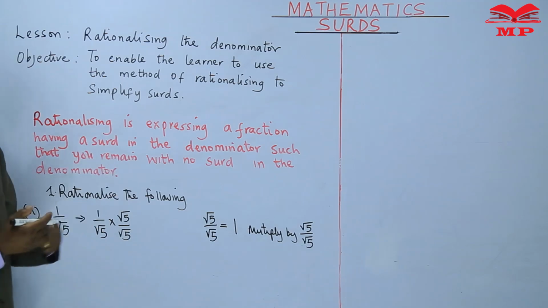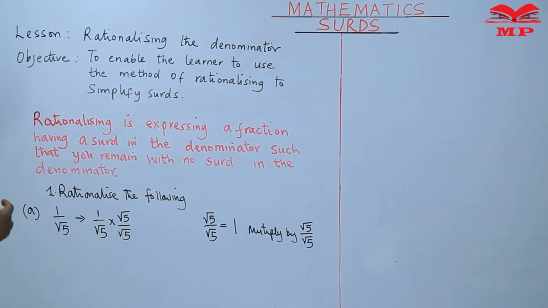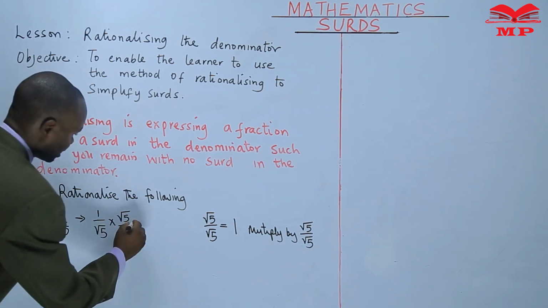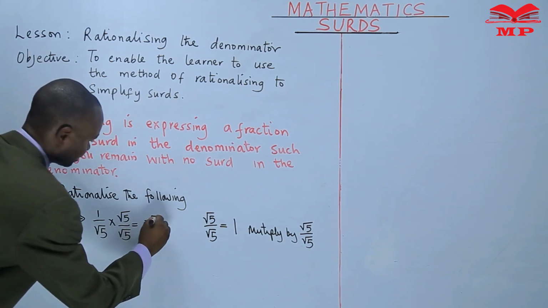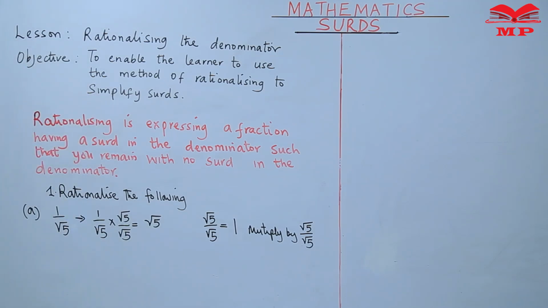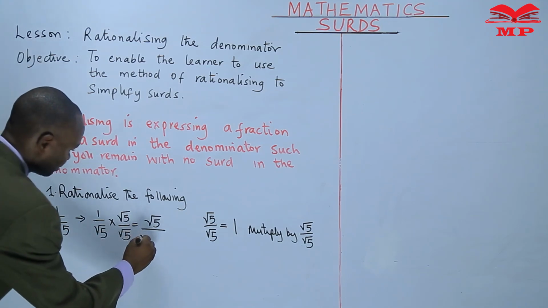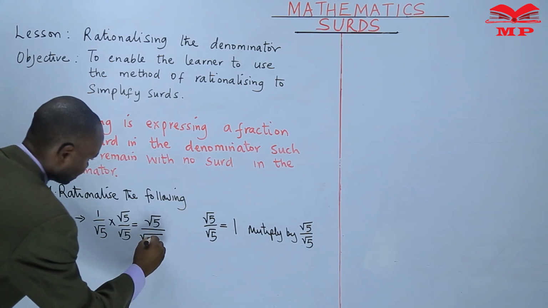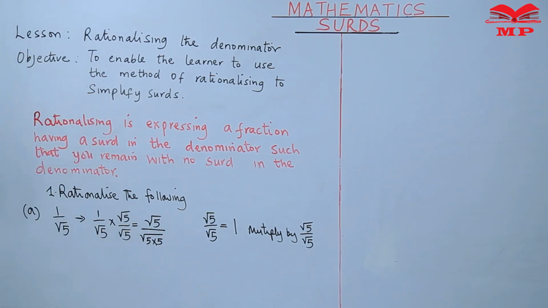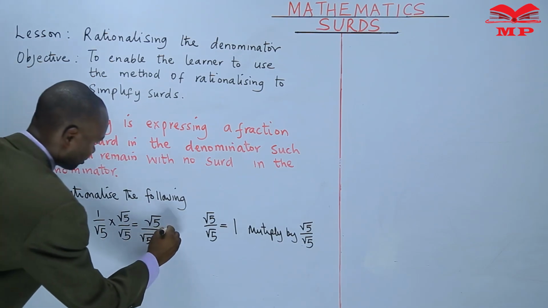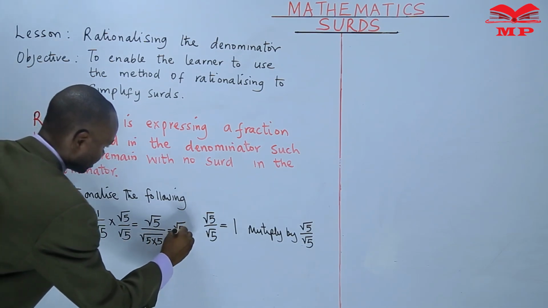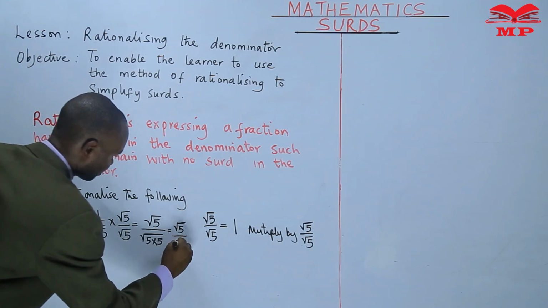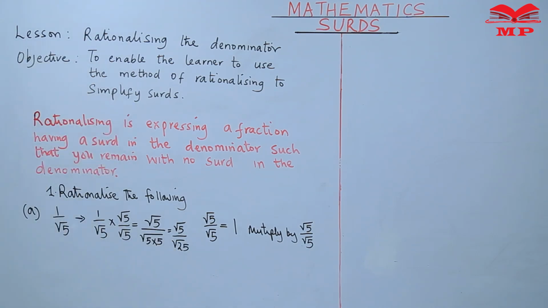That's why they use this method, to make the denominator not have a surd. So you'll remain with square root of 5 over, as in the last lesson, under the root sign you'll have 5 times 5. So it will become square root of 5 over square root of 25.